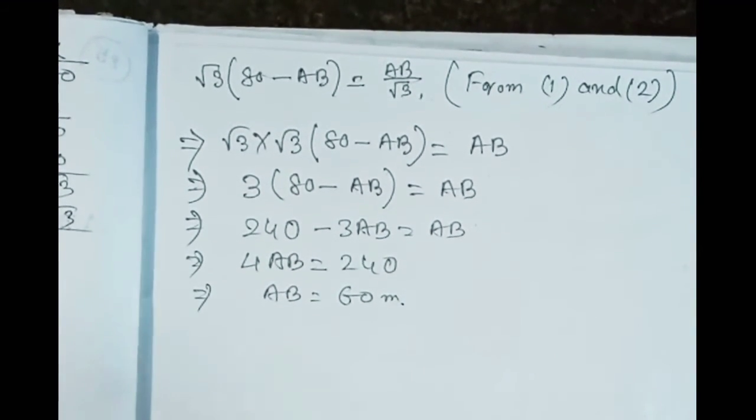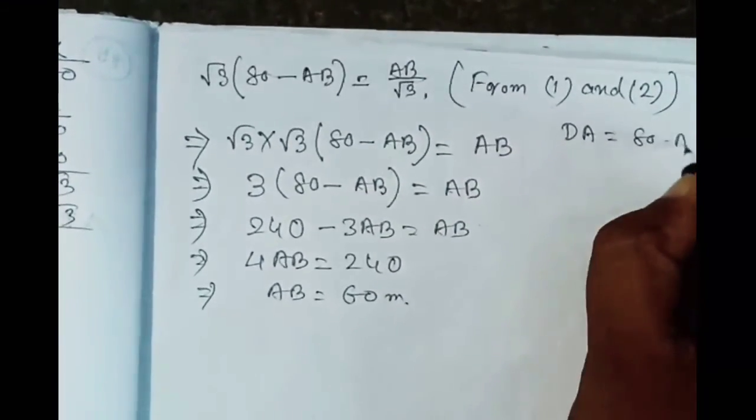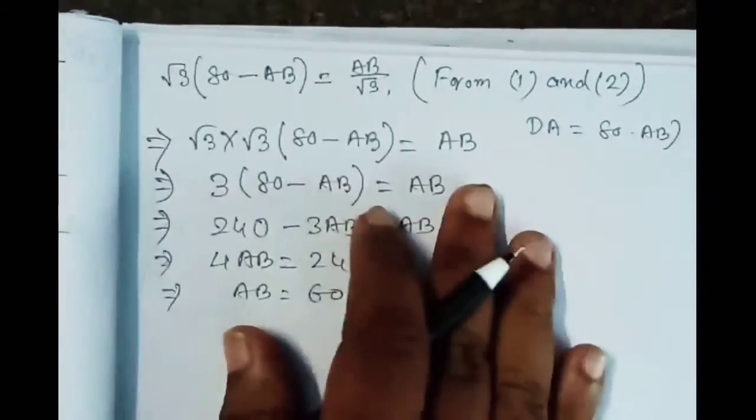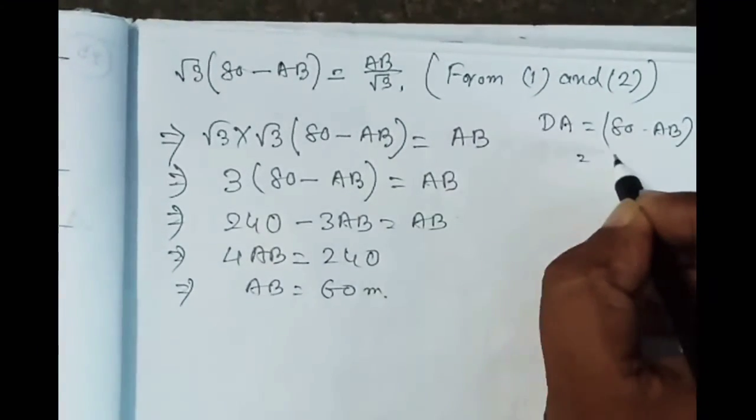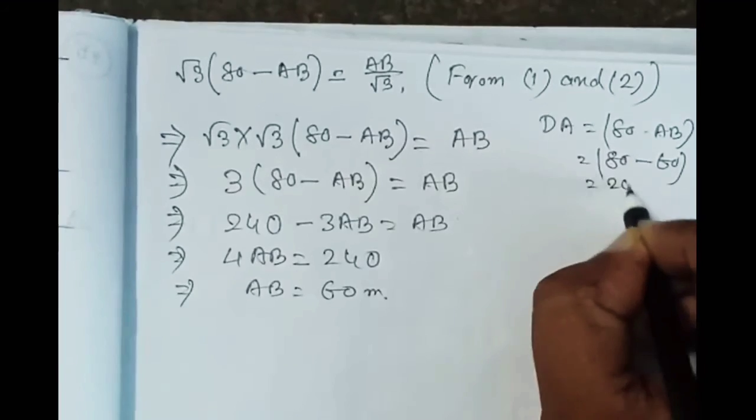So DA is equal to 80 minus AB. That means 80 minus 60 means 20 meter.